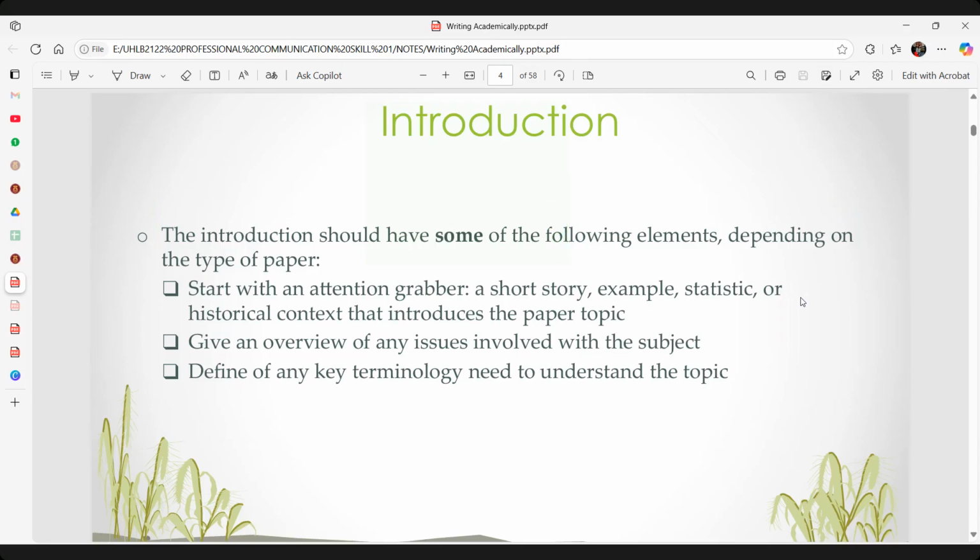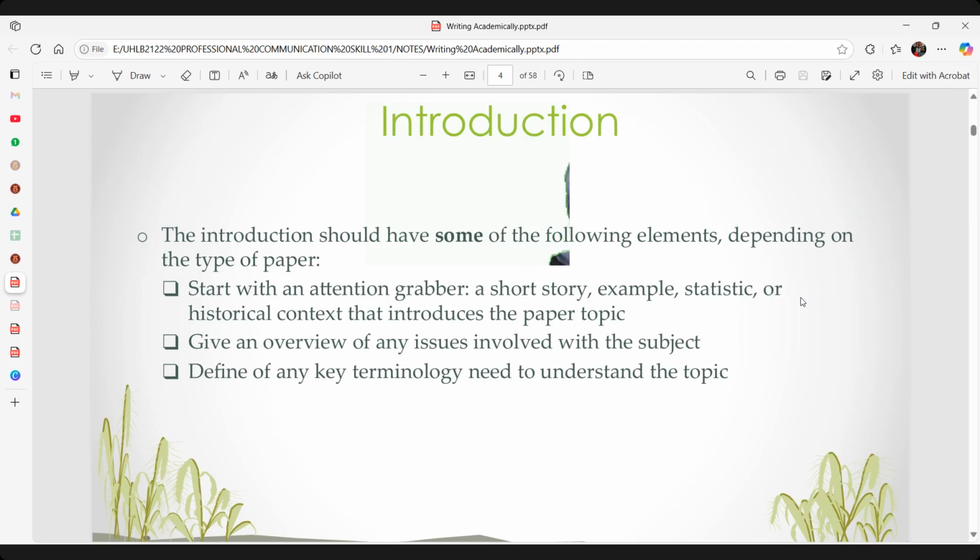Another element you can use in introducing your report is to give an overview of any issues involved with the subject. Any related issues with the subject itself. Or the third one, define any key terminology needed to understand the topic.